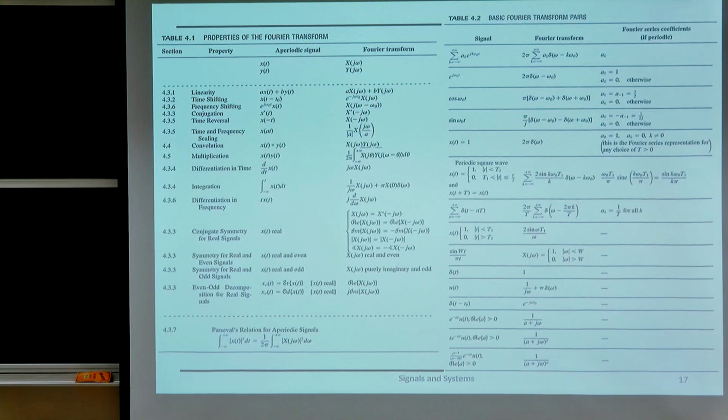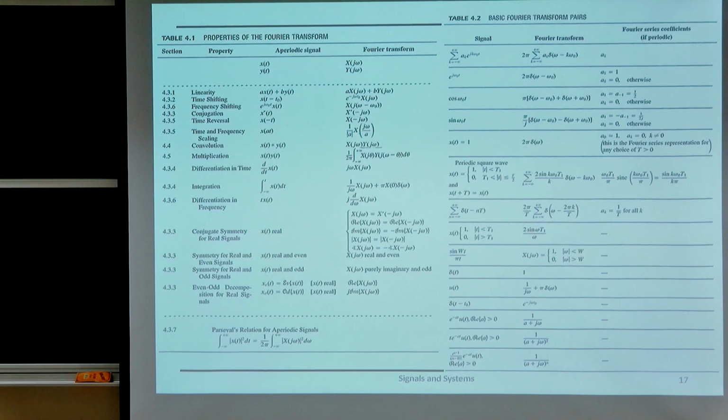Then the Fourier series representation converges to the Fourier transform that we have now. We were able to show many of the properties we had for the Fourier series representation also for the Fourier transform. We spent a lot of time on the convolution property and the multiplication property because they are important for analyzing linear time invariant systems.